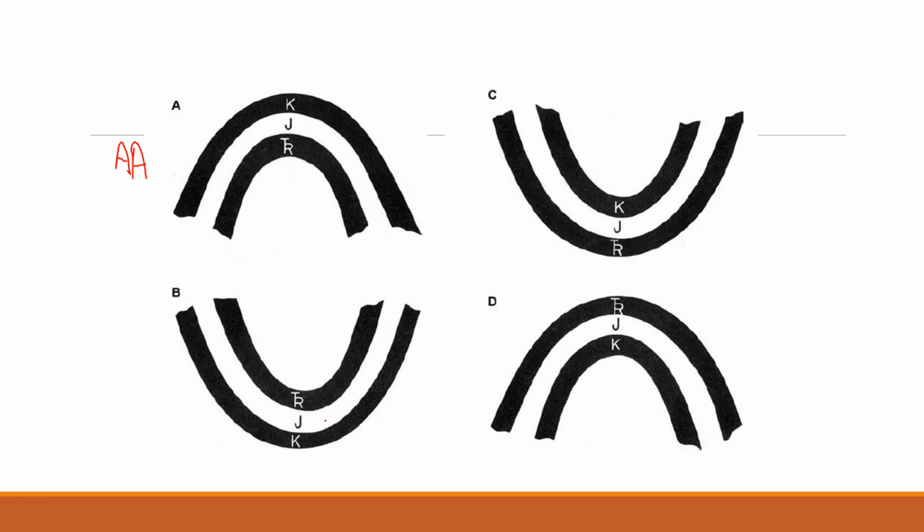If we look at C here, C is going to be a synformal syncline. It's in the syncline shape, and we're bending around the young stuff this time. So if you bend around the old stuff, it's an anticline. If you bend around the young stuff, it's a syncline.